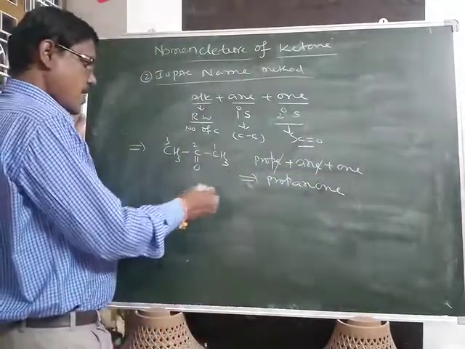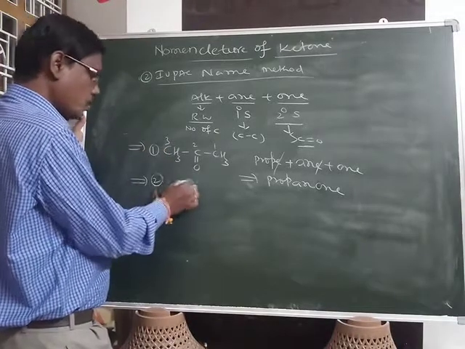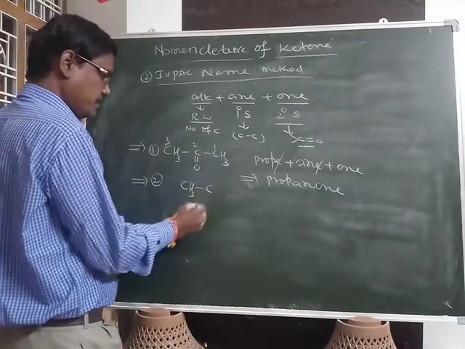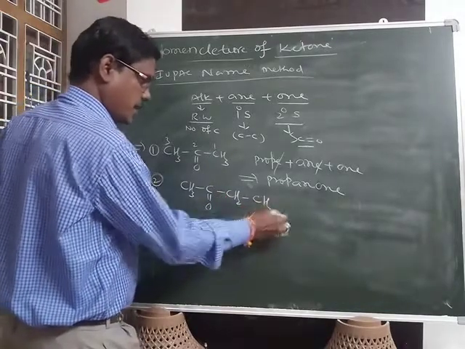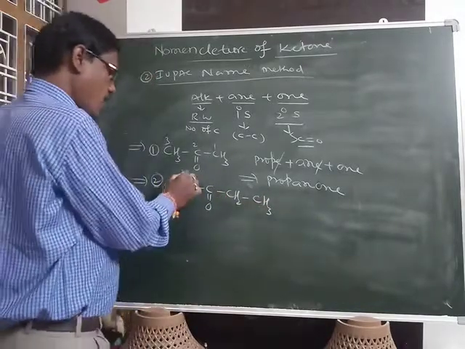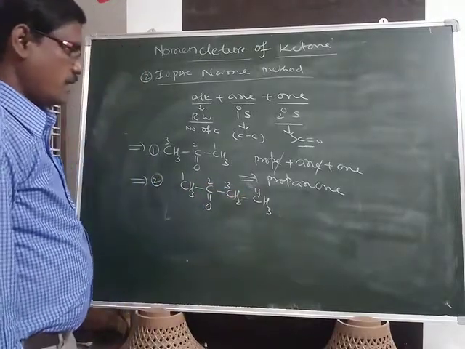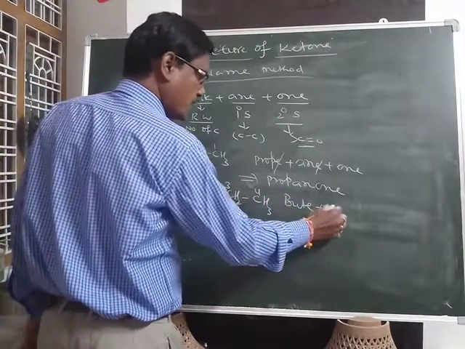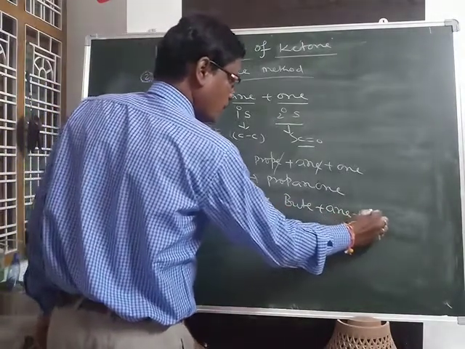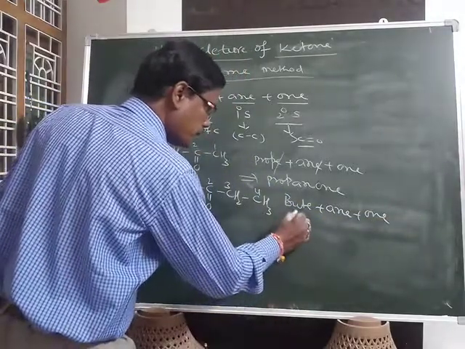Next, example 2: CH3 C double bond O CH2 CH3. This is 1, 2, 3, 4 carbons. Here, 4 carbons, but plus ane plus one will give butanone.